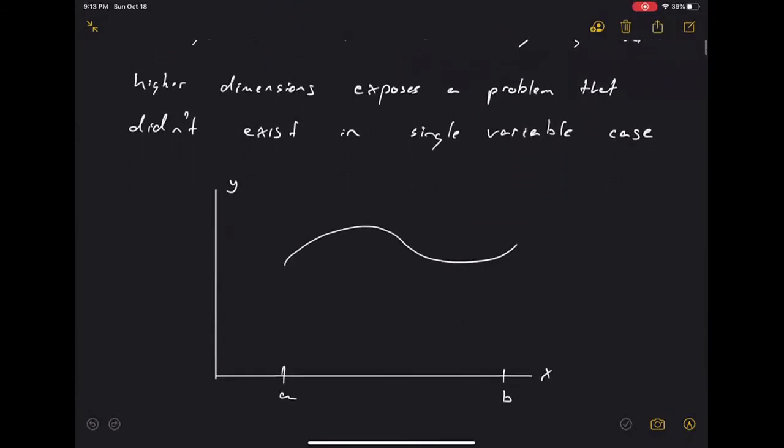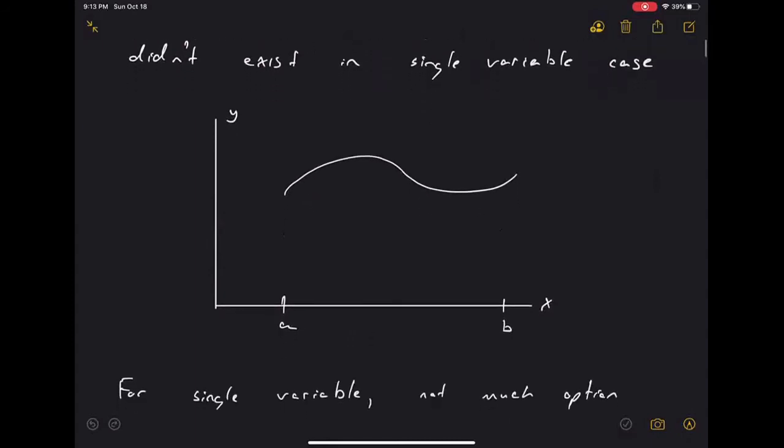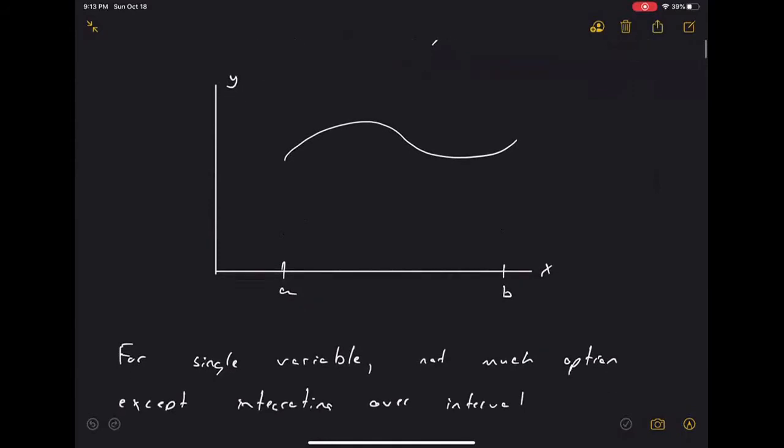But we encounter a problem with higher dimensions that we didn't have in a single dimension. If we think about integrating a function of a single variable, the thing we're integrating on, if we're thinking about a single continuous chunk, can really only be an interval.